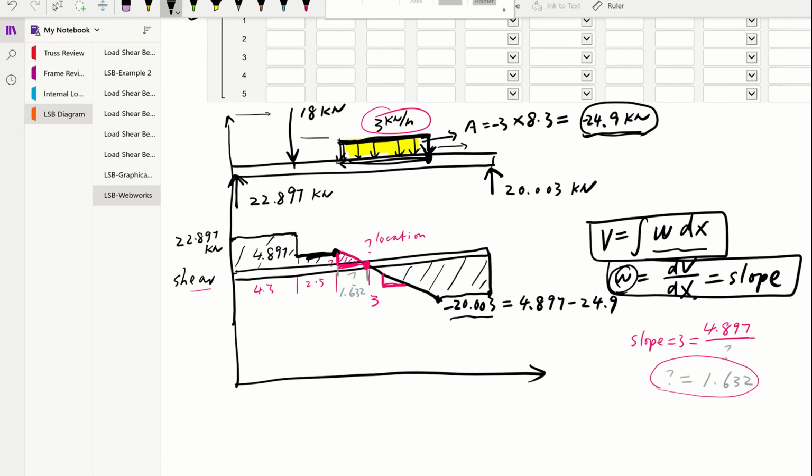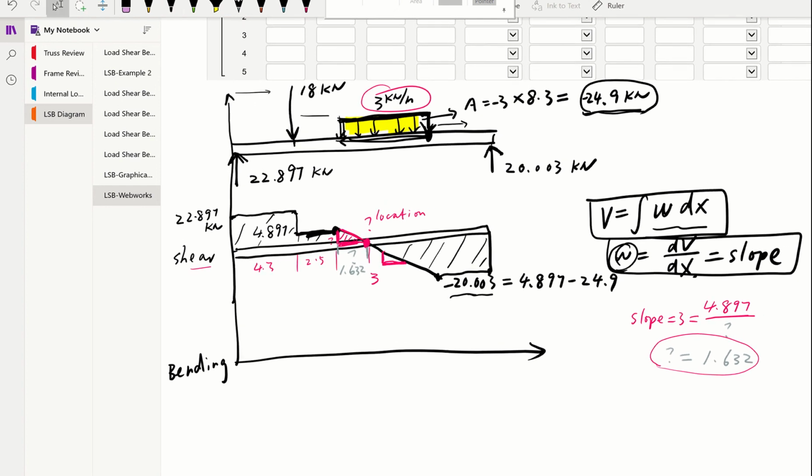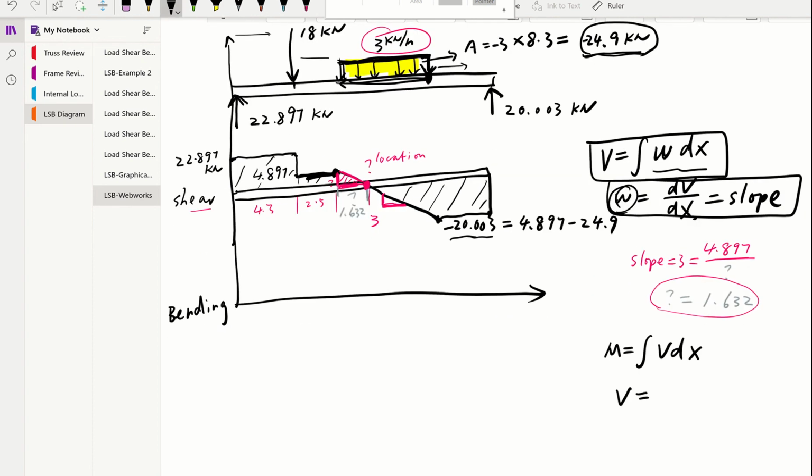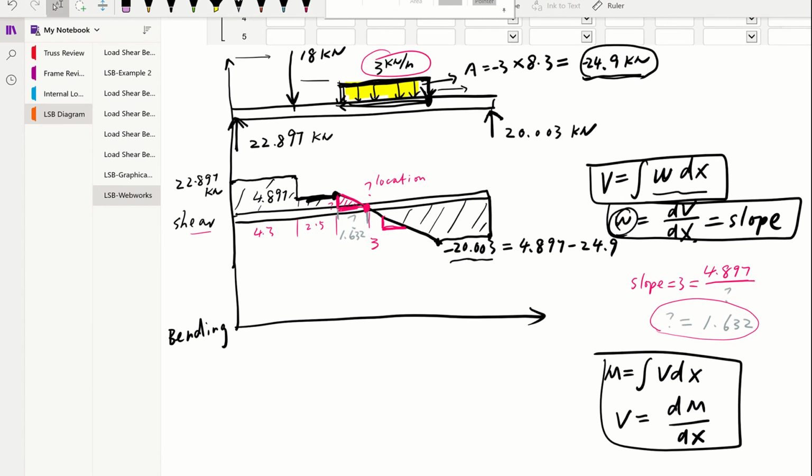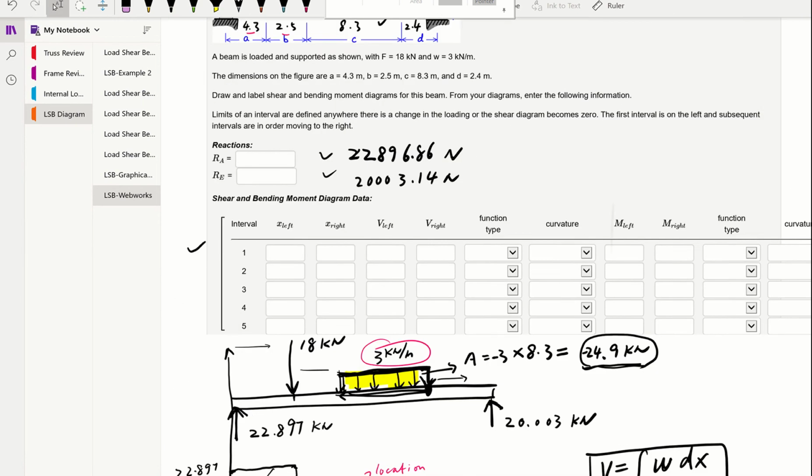Now I'm going to go back to the last one here, which is our bending. Bending is basically the integral of your shear. Or in other words, the shear is basically the slope of the bending. So we're using a graphic approach to figure it out for this problem.